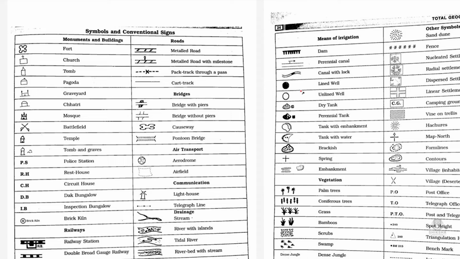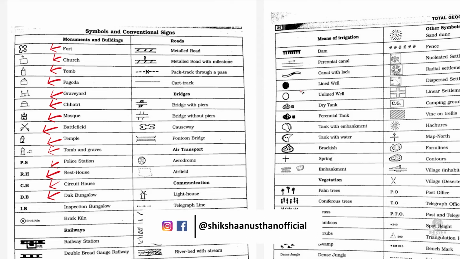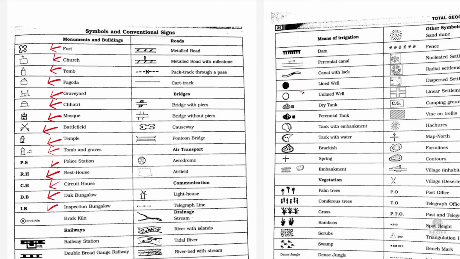As you can see, for fort, church, tomb, then pagoda, graveyard, chhatri, mosque, battlefield, temple, tomb, police station, rest house, circuit house, dak bungalow. Dak bungalow is the old post office. Then inspection bungalow, brick kiln, where bricks are generally made.